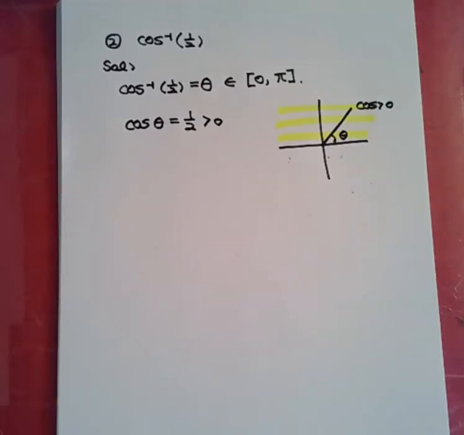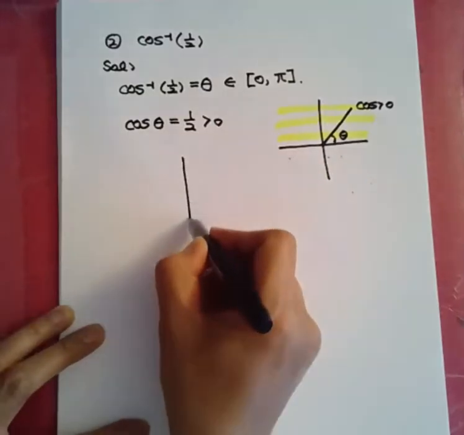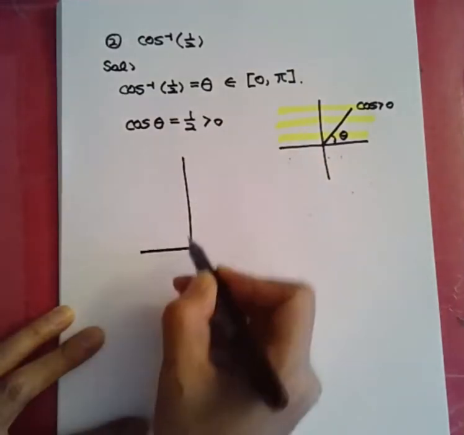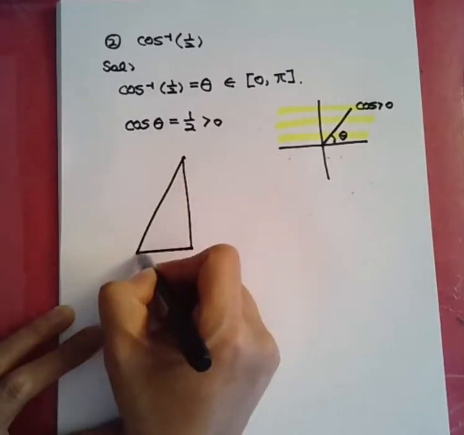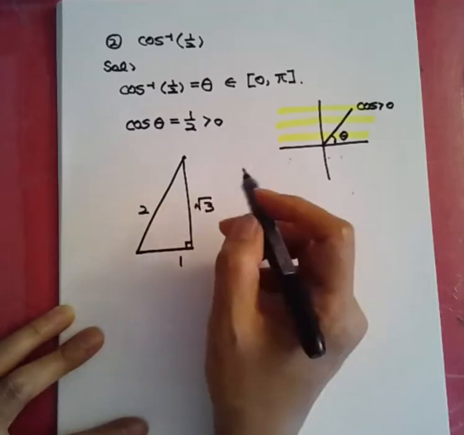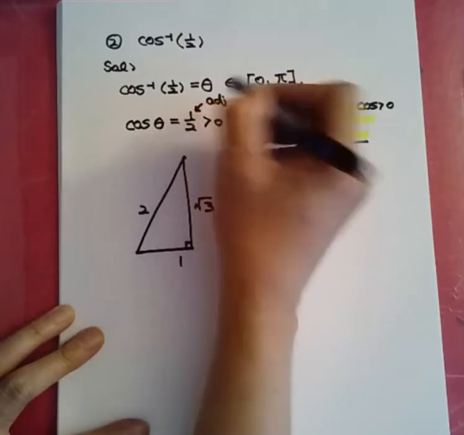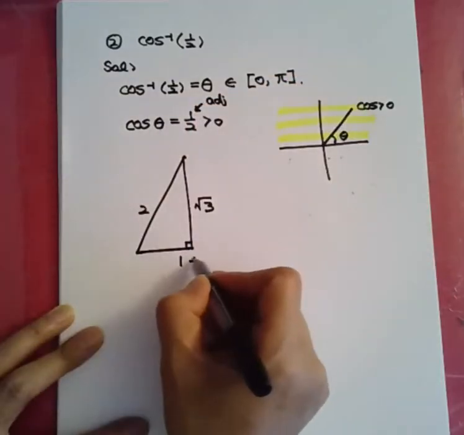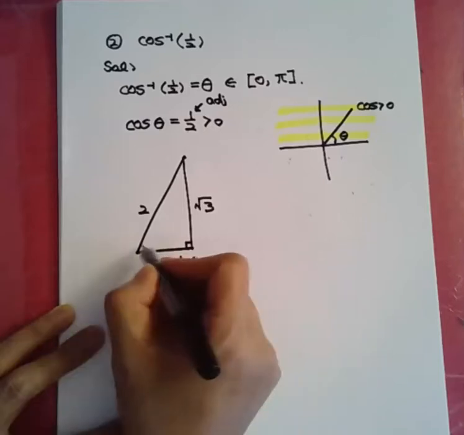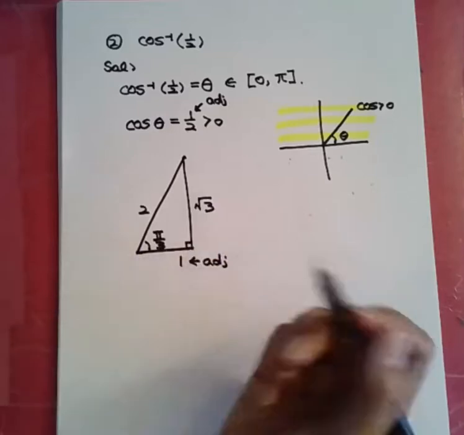Then we try to identify that with the special triangle. It has 1 and 2, so apparently the triangle we have to think about will be the 30, 60, 90 degree triangle. So 1, 2, square root of 3. 1 is adjacent, and 2 is the hypotenuse. Adjacent to this angle is pi over 3.